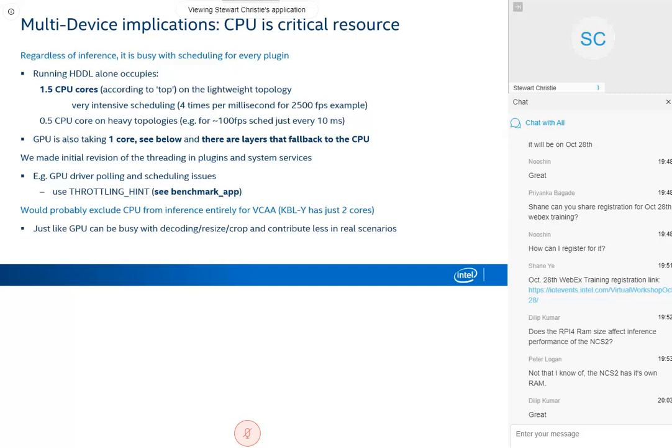And then, as I say, if you're using the KB Lake, which is just 2 cores, they don't recommend using the CPU at all on a KB Lake or any other device that's just got 2 cores.